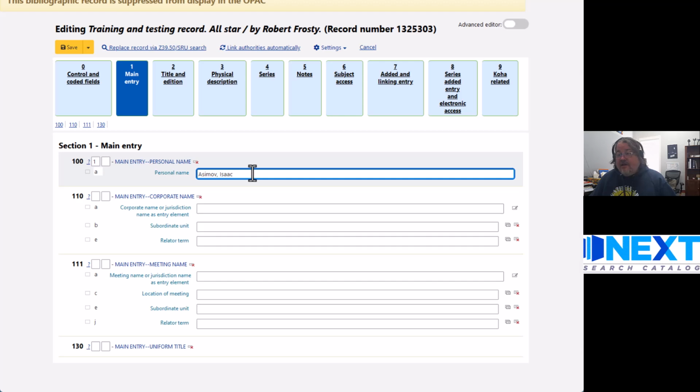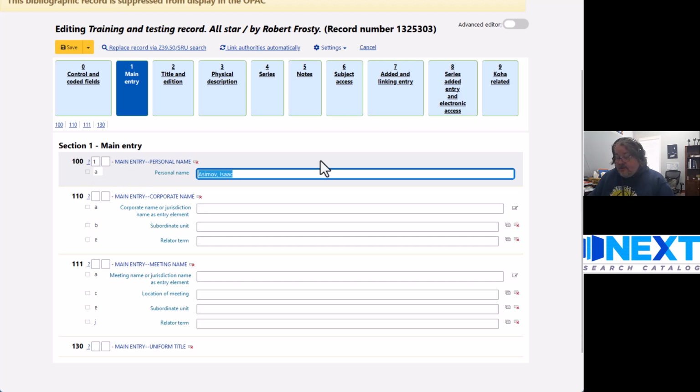And so that's going to be the most common thing you're going to see there. We have a lot of surnames that are blank because in Koha it doesn't matter. But in Aspen Discovery, it helps sort the authors if the indicators are correct.